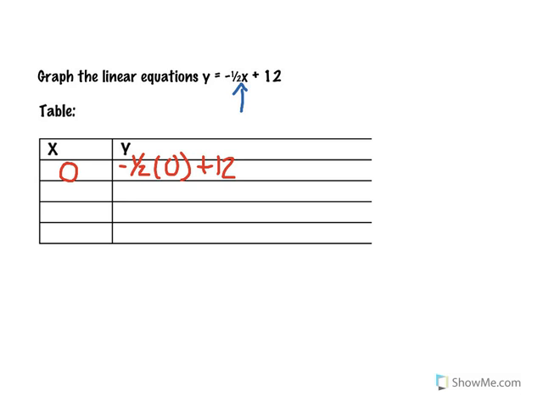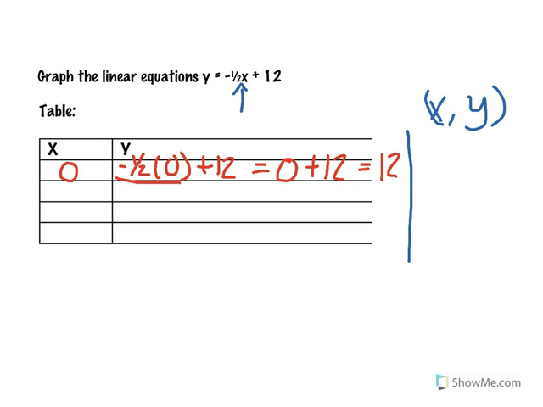But instead of solving for the term, now we're solving for y. So now I have negative 1/2 times 0 is going to be 0. So I have 0 plus 12. So I have 12. So my first ordered pair is going to be, remember I always write my ordered pair xy, 0, 12.